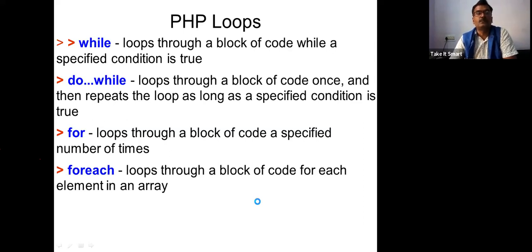Whereas do while will have only one section, the comparison section, and the increment you have to do separately, and also the initialization you have to do separately. Foreach loop is used for arrays. It loops through a block of code for each element in an array.